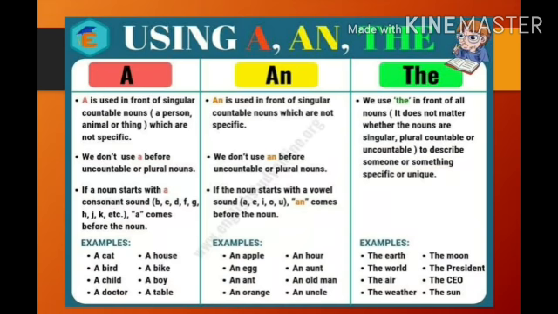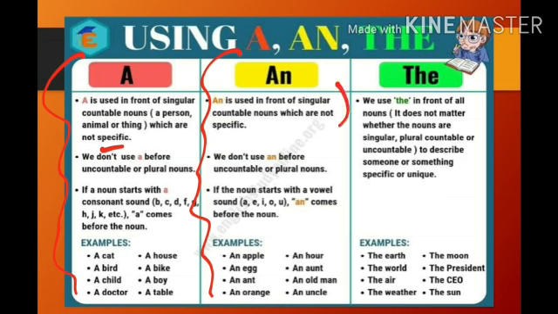Now come to the next slide, that where to use a and where to use an. A is used in front of singular countable nouns, a person, animal or thing which are not specific. As I have already told, a or an we are not supposed to use before any specific object. So a is used in front of singular countable nouns.